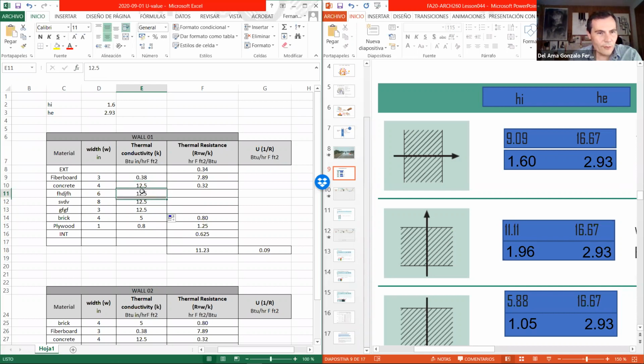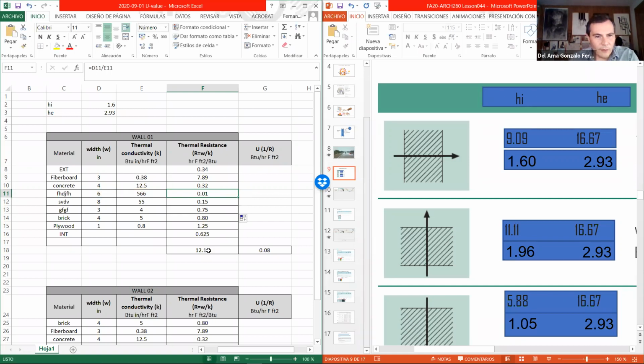So now you have exactly, no, sorry, we can work with different thermal conductivities. This is the cell that you have to drag, because here we have a formula, but here we don't have any formula. So you have to drag this here. There you go. Okay, so that will be the width divided by the thermal conductivity.